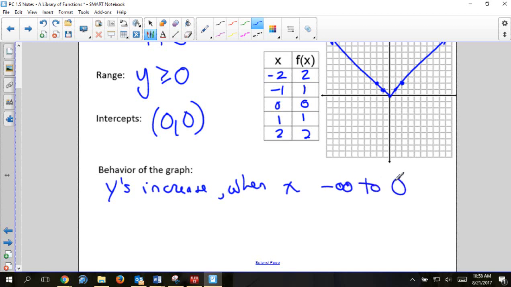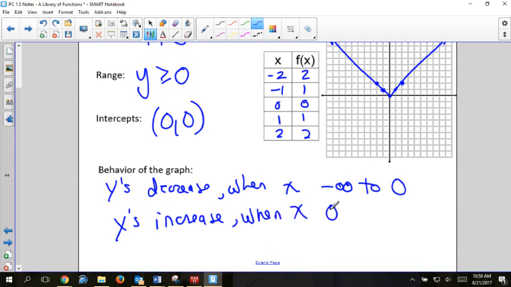No, I said increase. I meant decrease. I'm so sorry. Let's try that again. Y's are going down. The y's are decreasing from negative infinity to 0, and then the y's increase when the x goes from 0 to positive infinity.